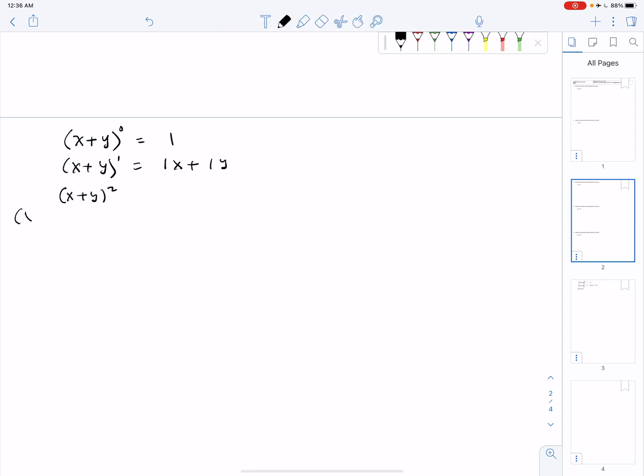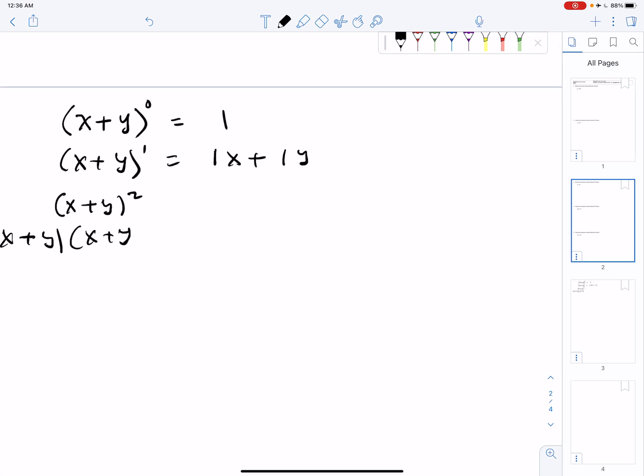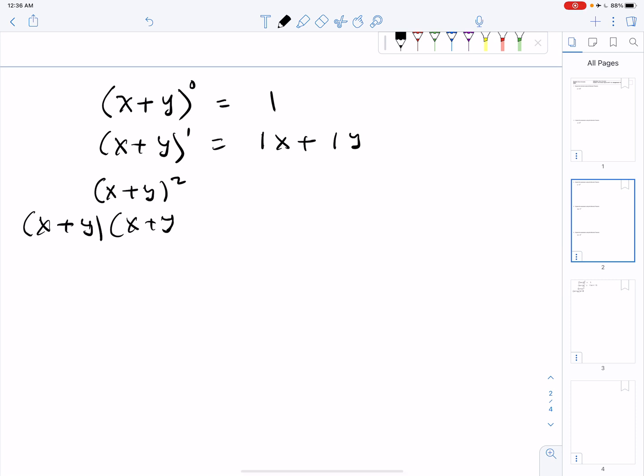Now we know that is just x plus y times x plus y. And when we multiply that out, I guess we'll go ahead and do the old, as you guys like to call it, foiling. Well, that's just going to be what? x times x gives us x squared.